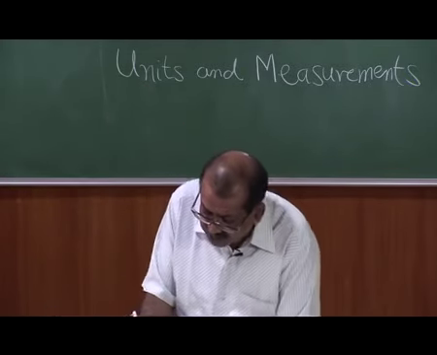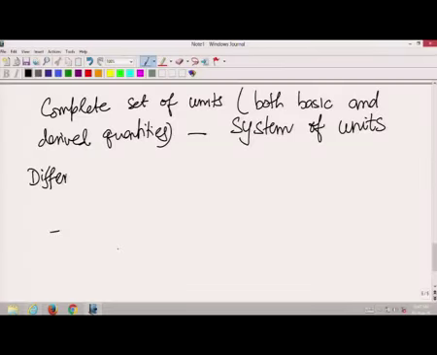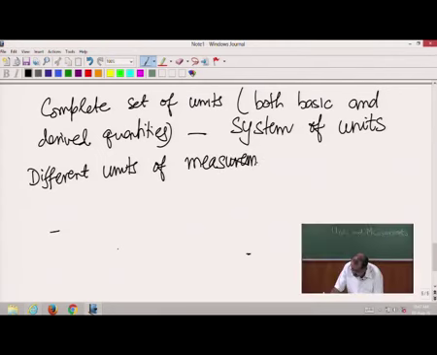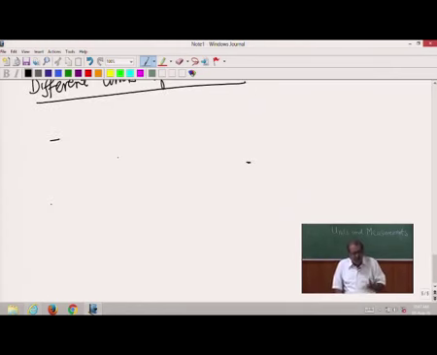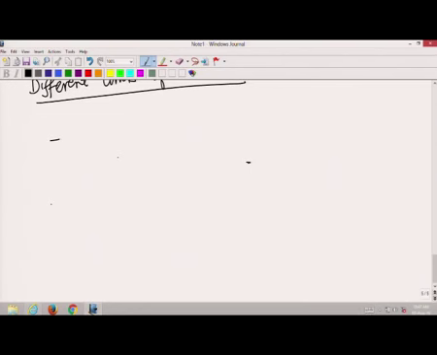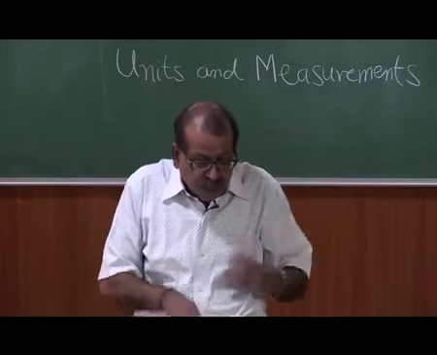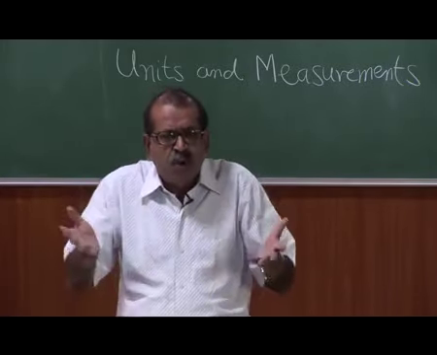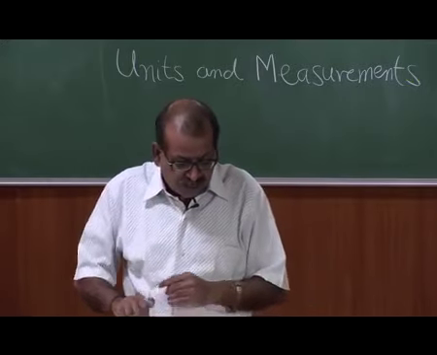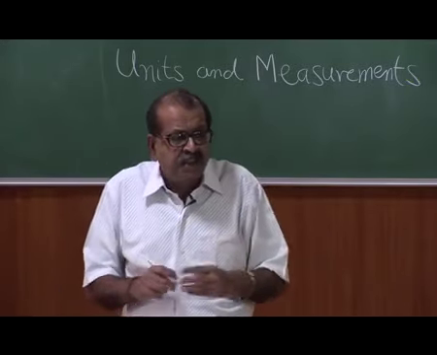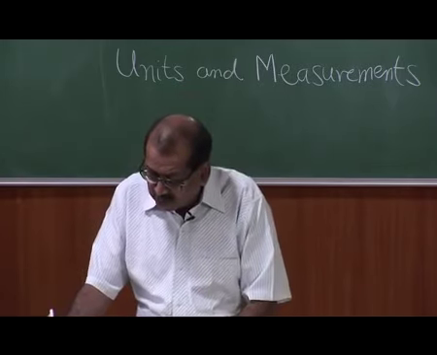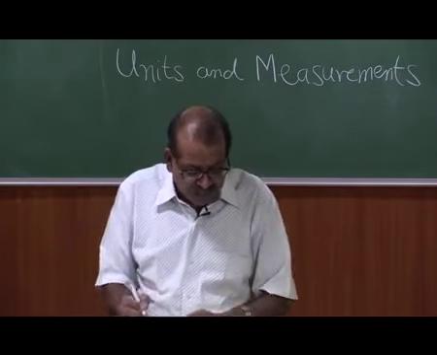Now, let us look at different units of measurement. In different times and different regions, that means earlier times or in different parts of the world, different units have been used. As we have seen, any quantity can be measured in terms of different units. Till the 1970s, there were three major systems which were prevalent.